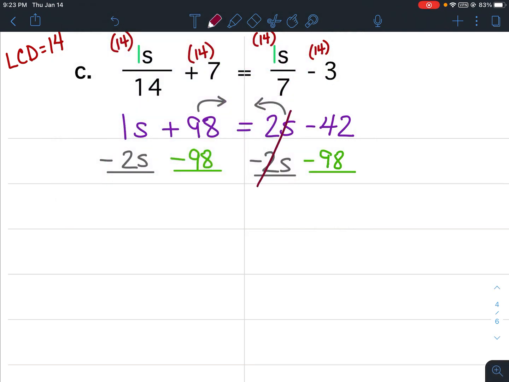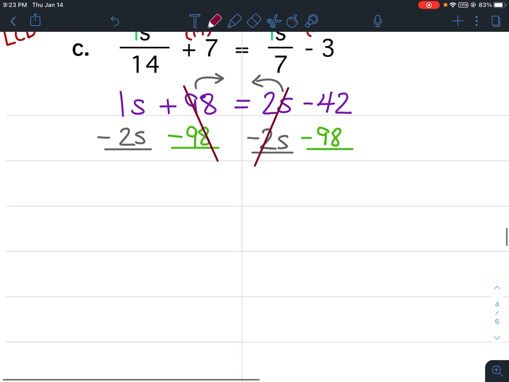All right, so it allows this to cancel, and the constant terms on this side to cancel. So 1 minus 2 is -1s. -42 and -98. The signs are the same, so I'm going to add them together, and I get -140.